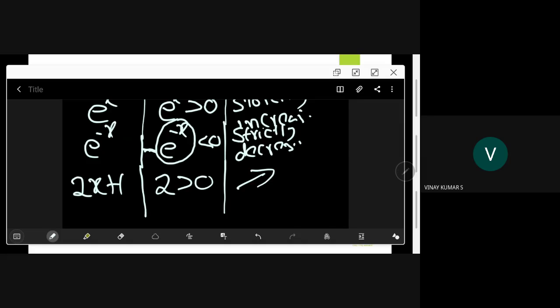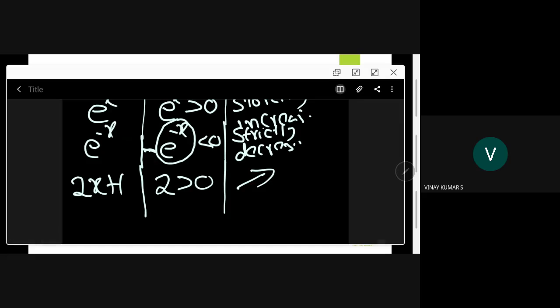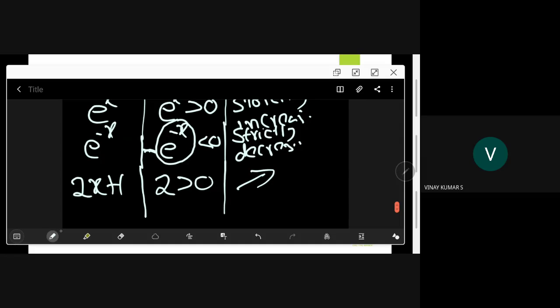I write it with this shortcut symbol. Then if it is minus 3x plus 5, the first order derivative is minus 3, which is less than 0. So it is strictly decreasing. So if it is either strictly decreasing or strictly increasing, then that function is invertible.